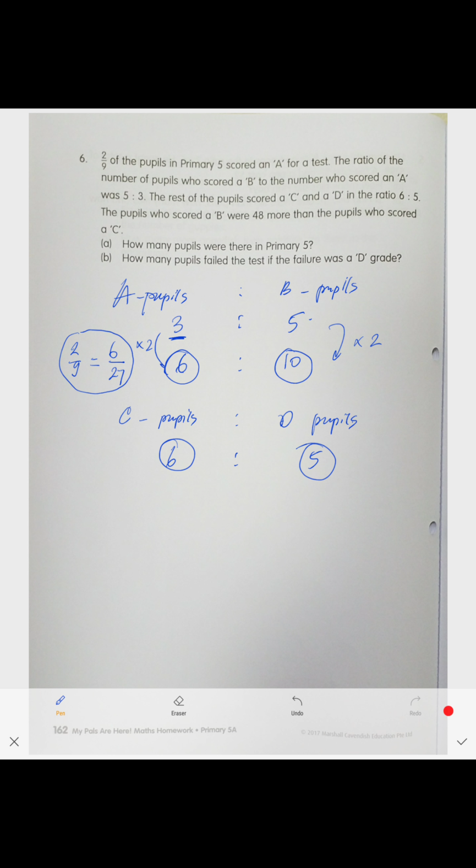We have 27 here in our denominator. So our ratio now corresponds to our fraction, right? So again, A to B to C to D will be 6 to 10 to 6 to 5. Okay? All together we will have 27 units.